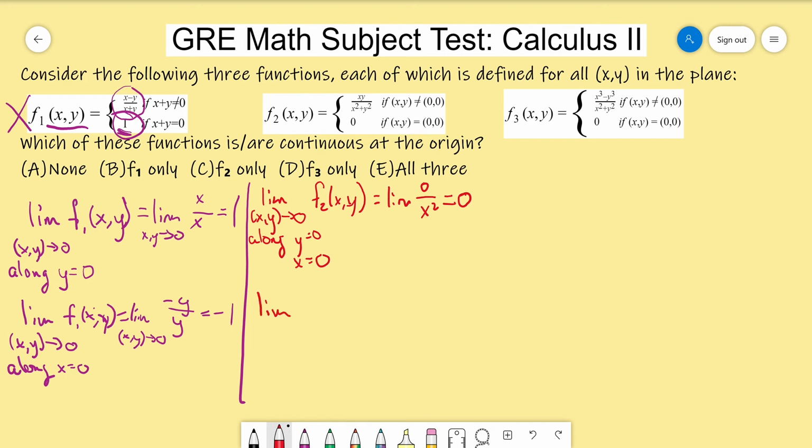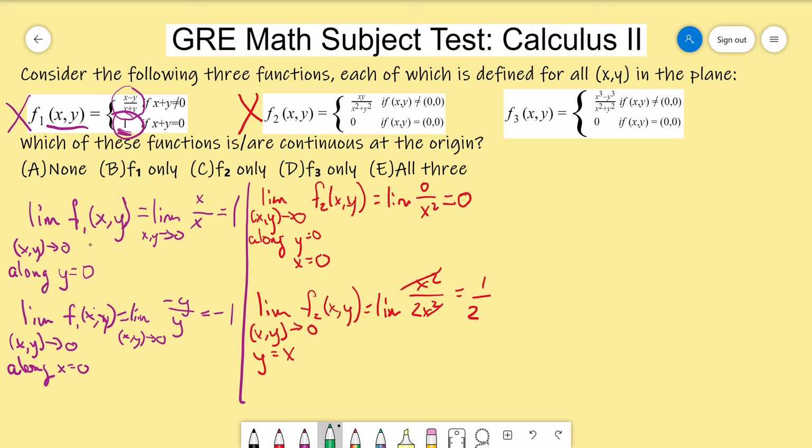But if we take the limit along the line y equals x, then we plug in y equals x, and we get x squared over x squared plus x squared, which is 2x squared. Here we can cancel out the x squareds and we'll get 1/2. So along the line y equals x, the limit is 1/2. And that means this is not continuous, because depending on how you approach the origin, you get a different limit.